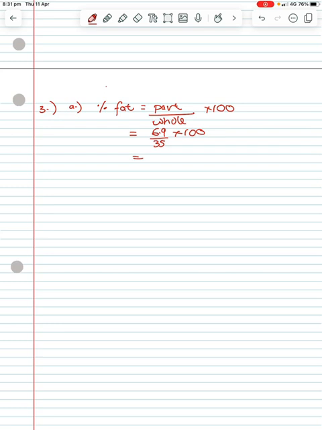So 6.9 divided by 35 is going to equal 0.197, and then multiplying this by 100 gives 19.714, and this just keeps going. But we just want to round to 1 decimal place. So we've got a 7. This here, remember, is our critical digit. It is 4 or less, so this is going to stay as a 7.